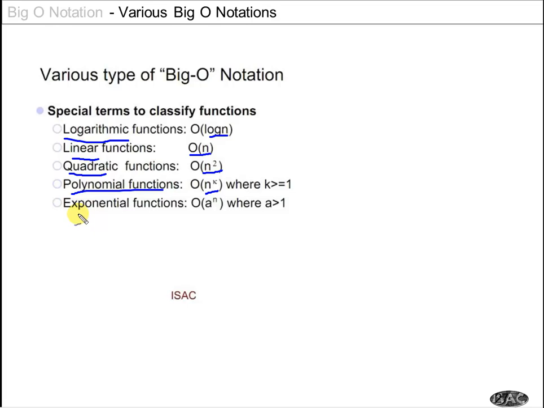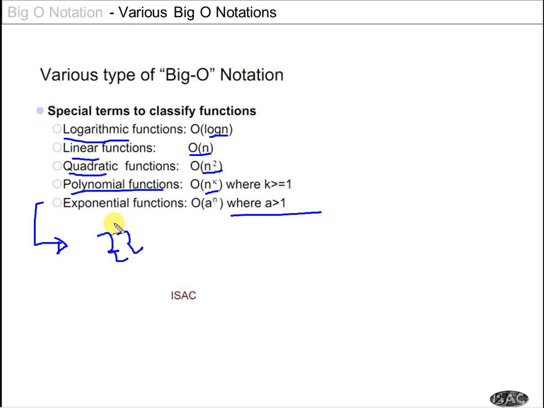Now exponential functions are different, where it is of order a to the power n, where a is greater than 1. Can you find an algorithm which has an exponential function? Think about it. Think and find out and do the research.